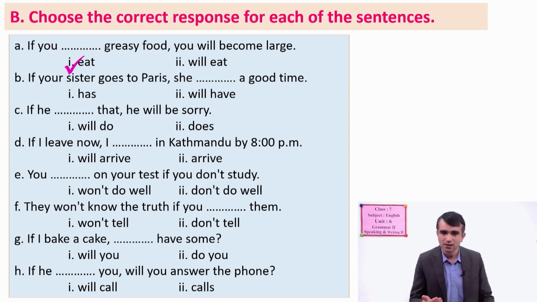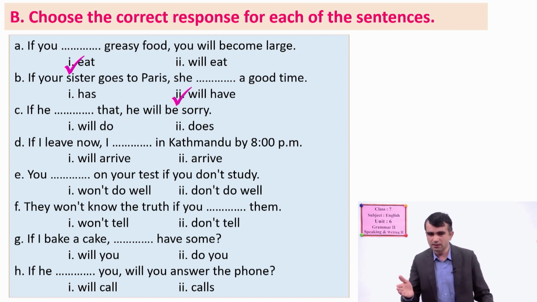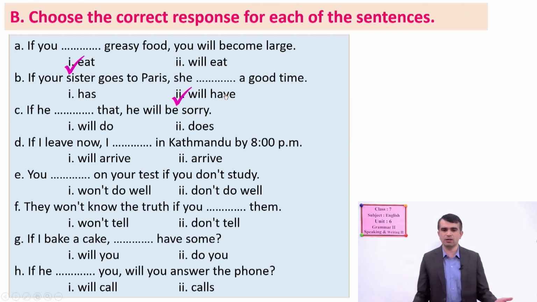Okay, this is will have. Why? Because this is the main part. So you can see here goes to Paris is in present simple, and there should be will plus infinitive, will have.